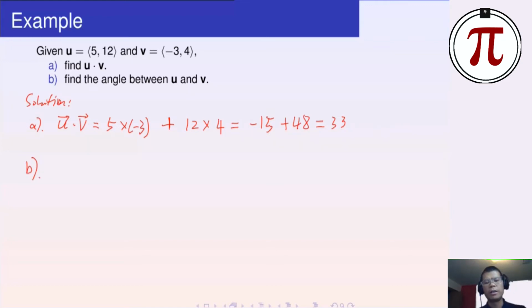B, find the angle between u and v. Let theta be the angle between u and v.